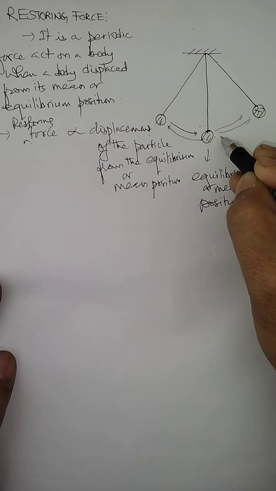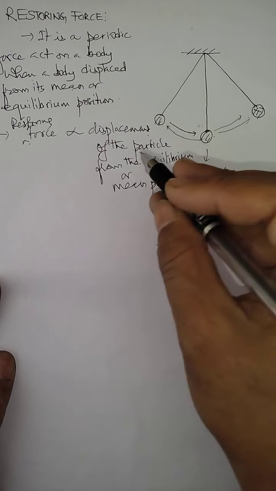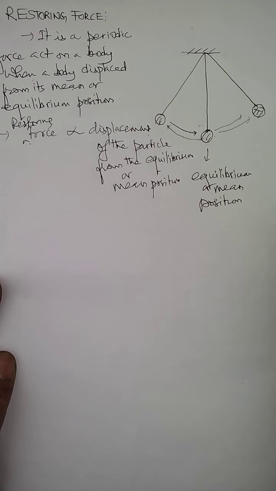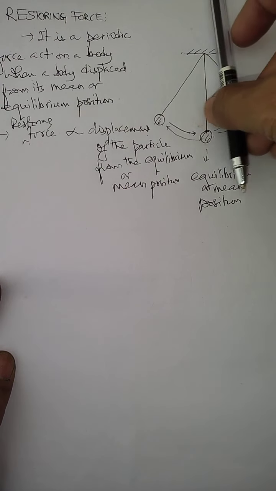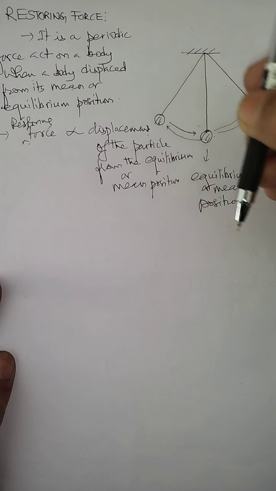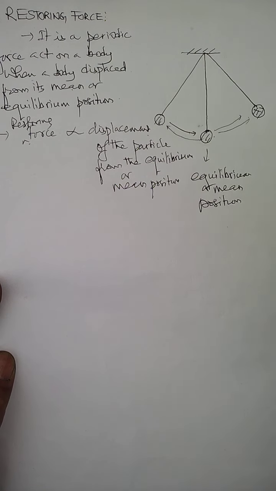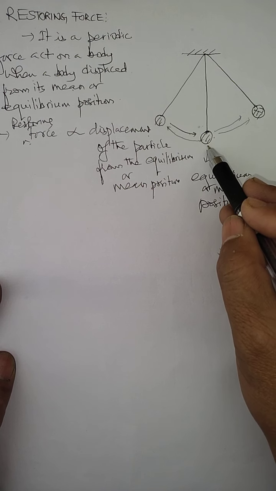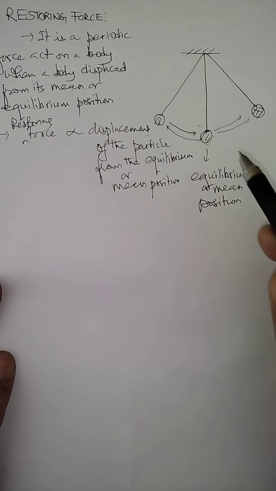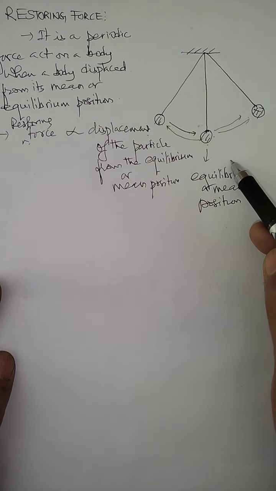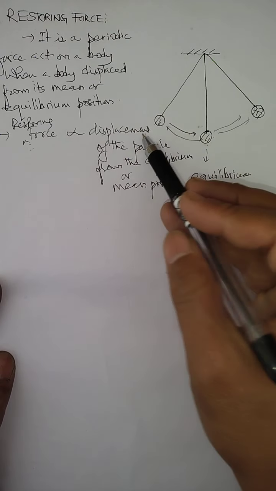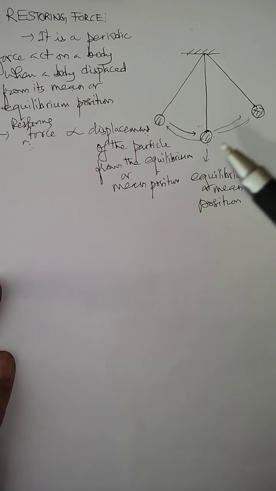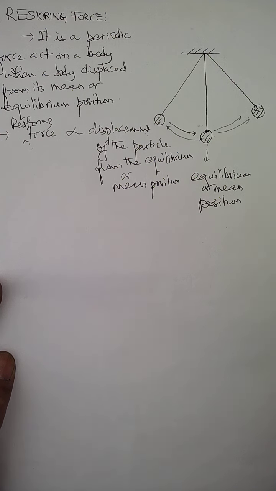When the pendulum starts oscillating, after a few seconds we see that the bob of the pendulum remains at the equilibrium position. But as far as displacement is concerned, the restoring force is directly proportional to the displacement of the particle from the equilibrium position. This is the type of force which comes into play, and it is called restoring force.